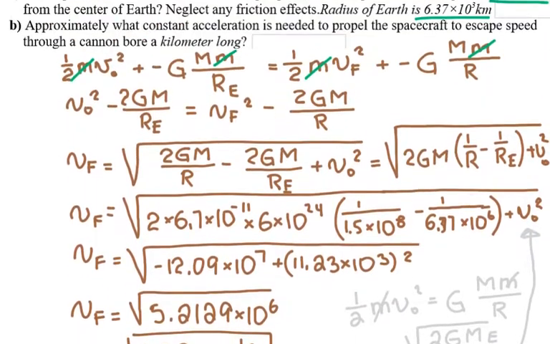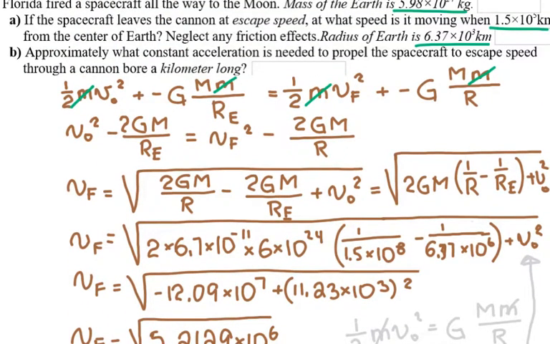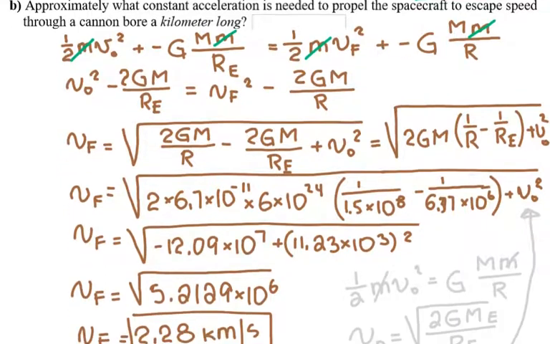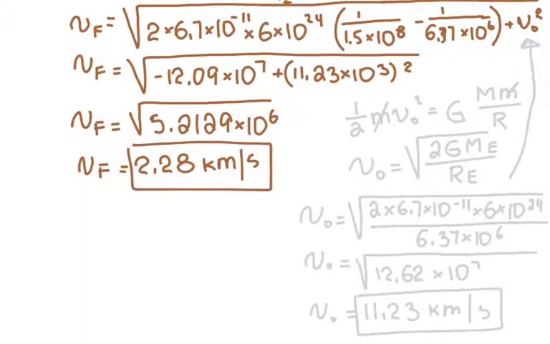So for the next question, they ask you approximately what constant acceleration is needed to propel a spacecraft to escape speed through a cannon that is 1 kilometer long. So the barrel is 1 kilometer long. So now I'm going to use the escape velocity that I just found.